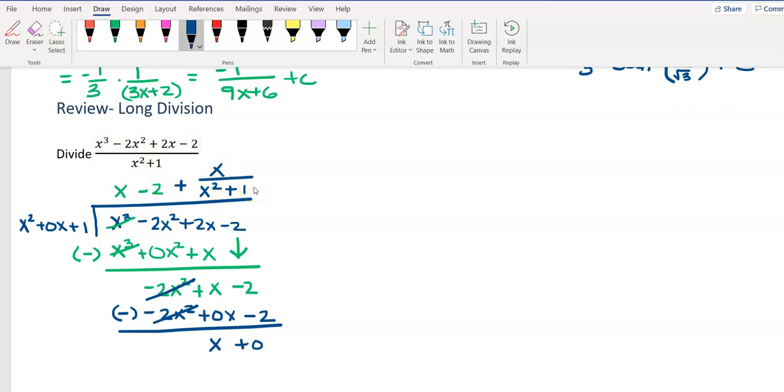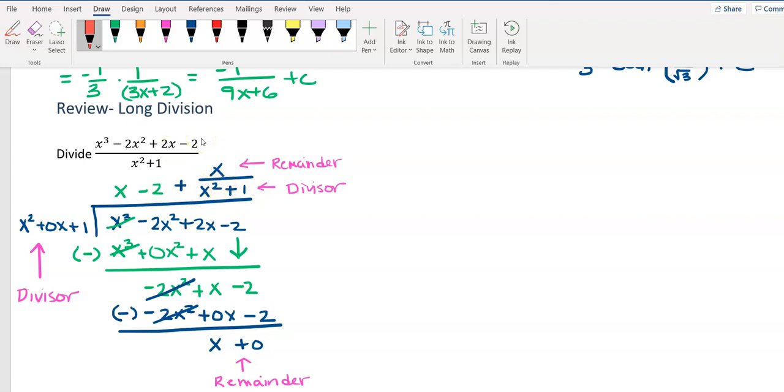So let me just write a couple notes on there. The little notes that I wrote is just what the divisor is, what the remainder is, and how you get this lovely expression here at the end of our answer. So x minus 2 plus this new rational piece here.